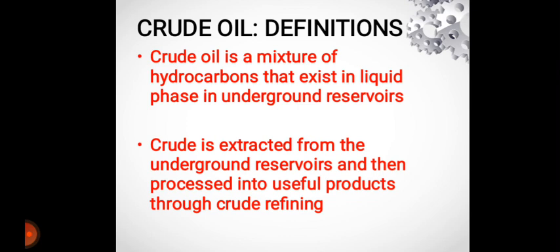Crude is extracted from the underground reservoirs and then processed into useful products through crude refining. So actually, crude refining is the process by which crude is processed into useful products.